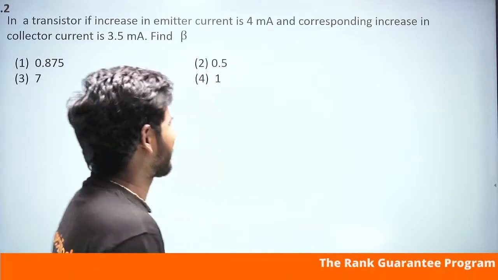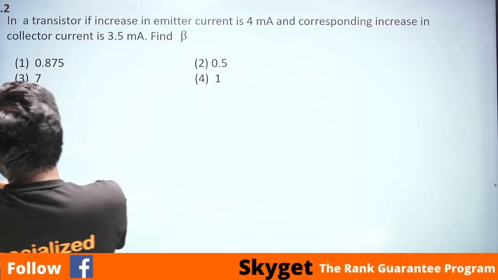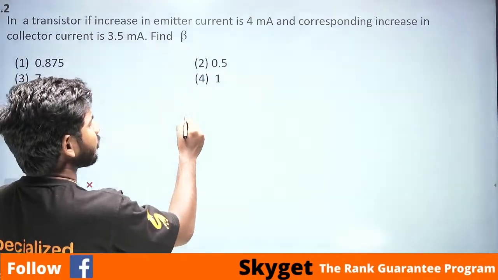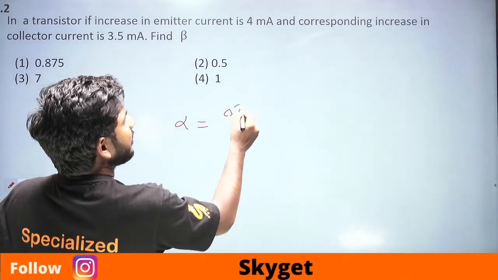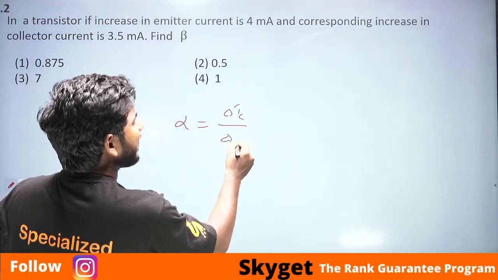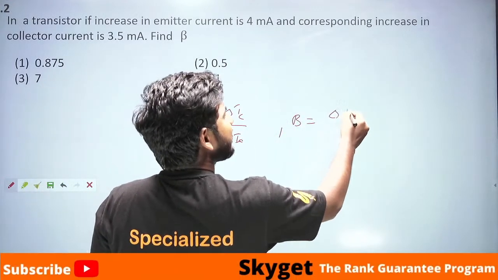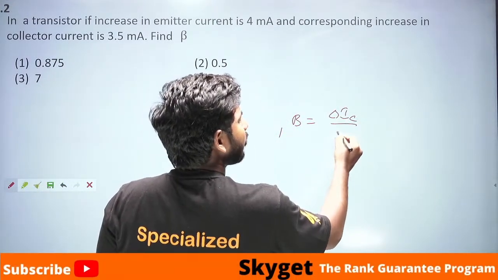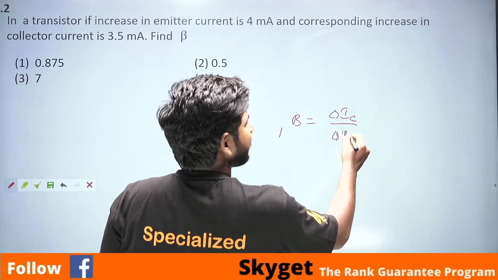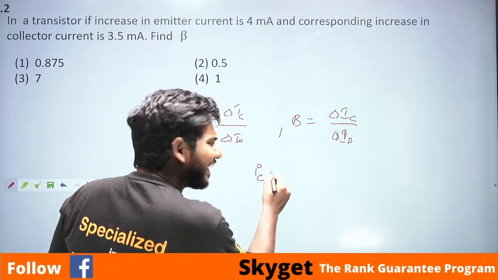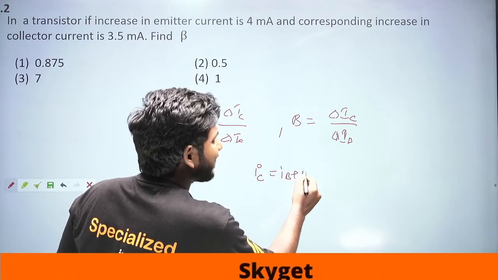See students, this question is based on alpha and beta relations. What is alpha, students? Change in collector current by change in emitter current. What is beta, students? Change in collector current to change in base current. So we know that IE is equal to IB plus IC.